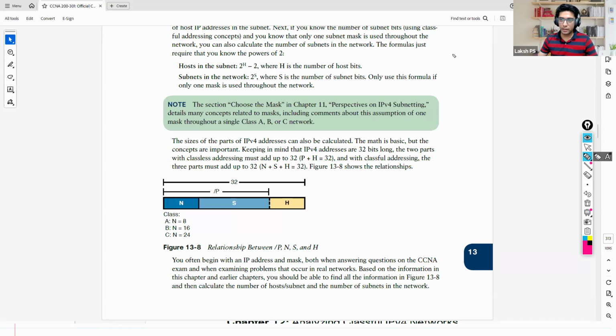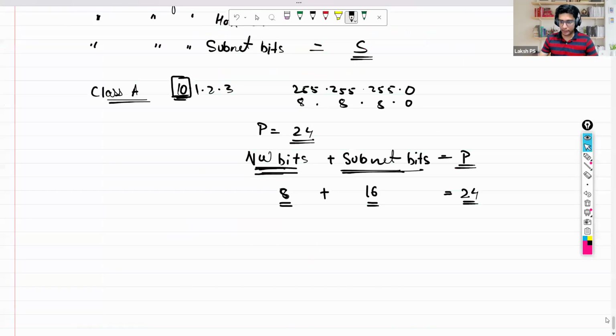For example, I take 10.1.2.3 with /8. We know /8 means 255.0.0.0. This is our IP address and the address mask.